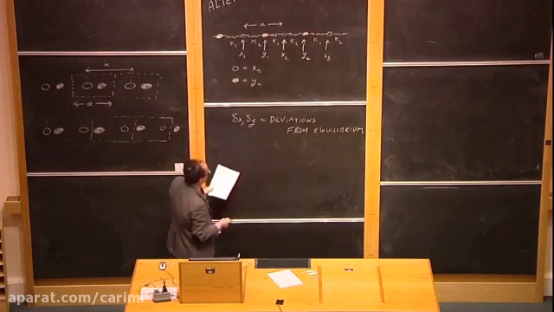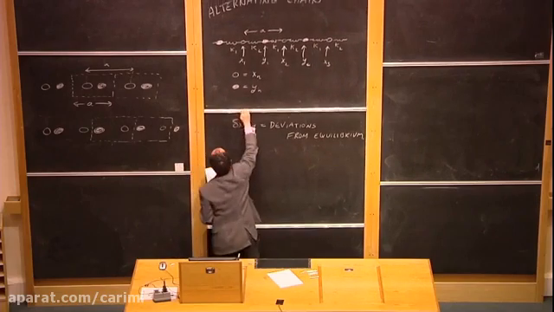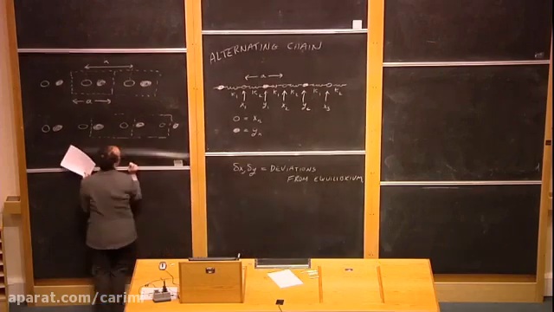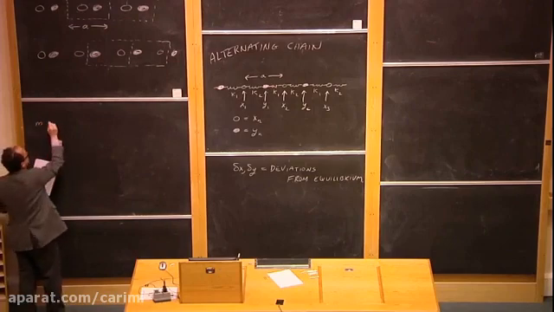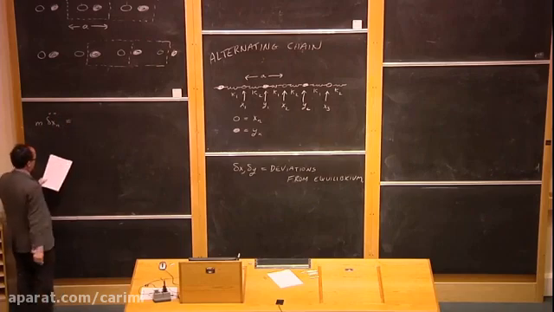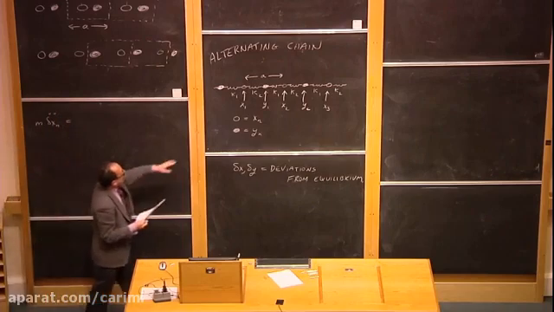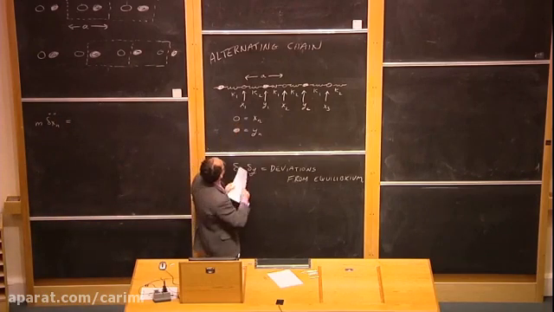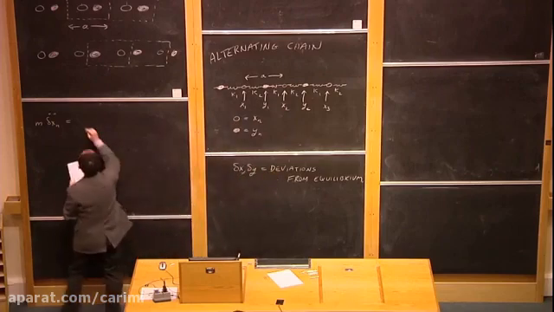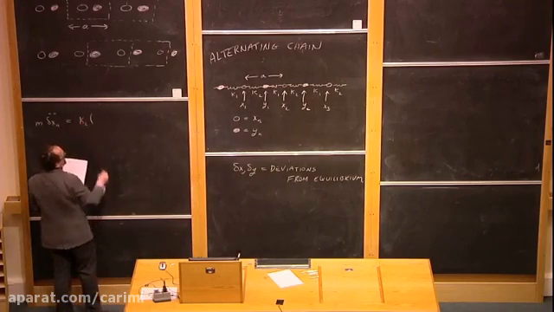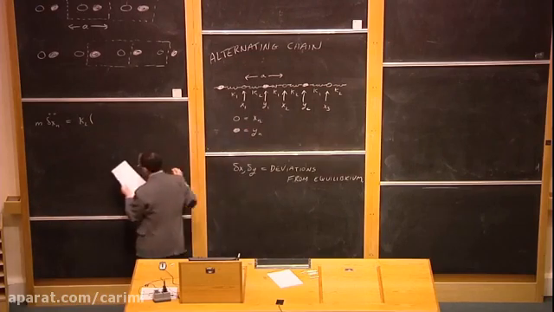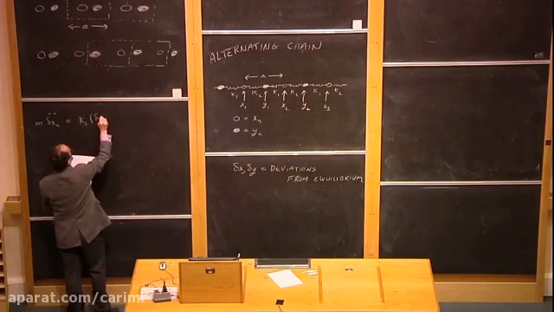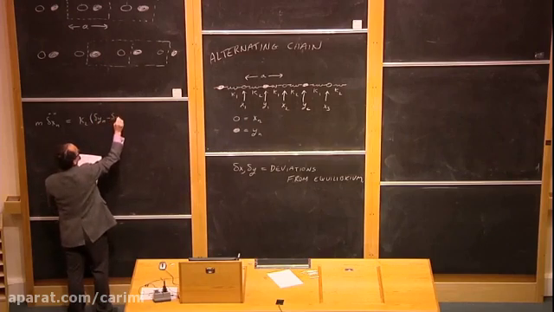So maybe I'll put it on another board. Maybe I'll put it over here. So mass times delta x double dot, mass times acceleration, equals, we have to be a little bit careful here. On an x atom, a light atom, on the right it has a kappa 2, and then on the right of an x atom is a y atom with the same number, so kappa 2 times delta yn minus delta xn.